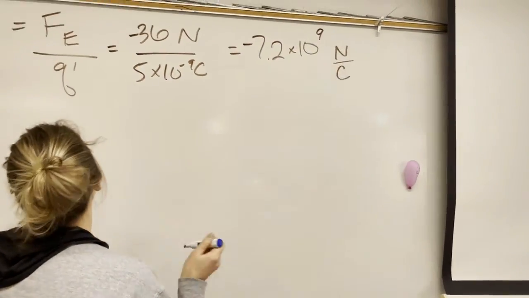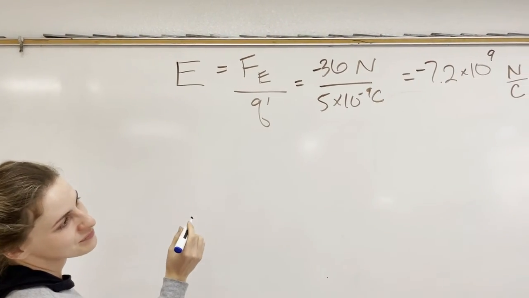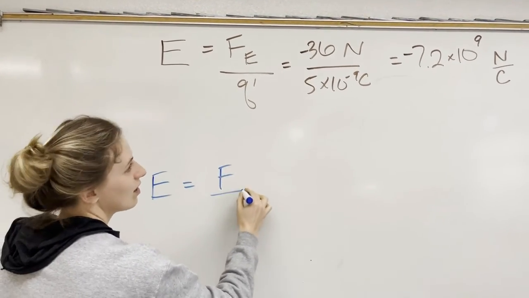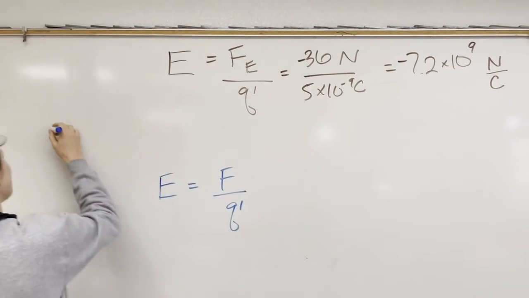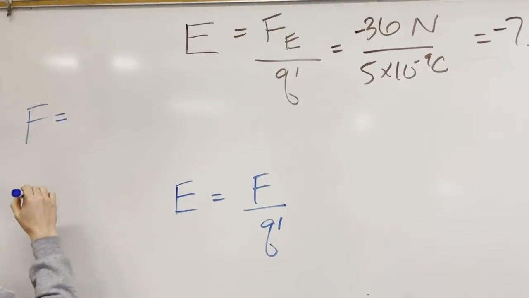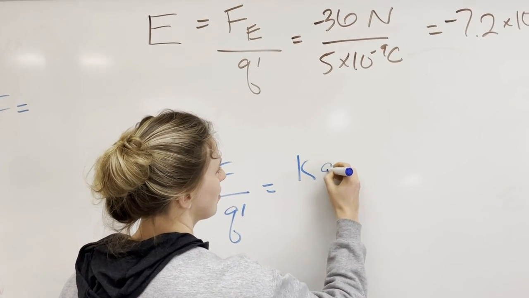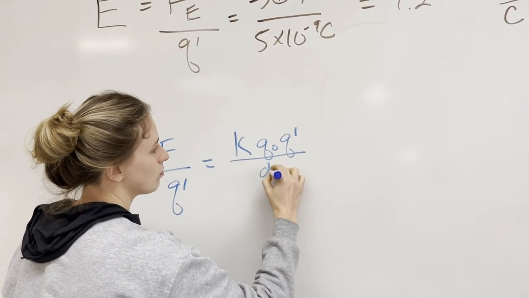Okay, so what were we just saying here? We want to solve. So we have the force over the test charge, right? And we know that the force is equal to KQ over d squared, right?